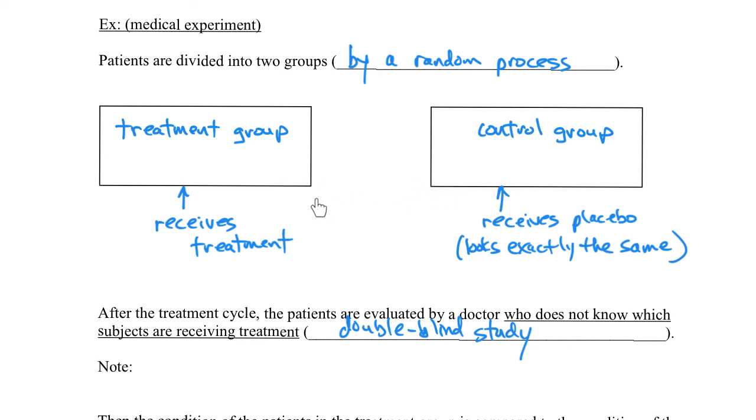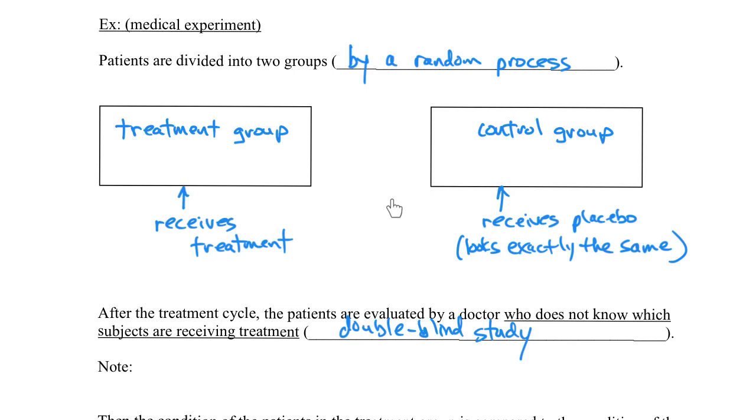So the way bad science is done is you just have your group. You don't compare it. So you just have your group and you give everybody your new drug, and surprise, surprise, everybody, there's an improvement, and that's what you're measuring is the placebo effect. So you need two groups.